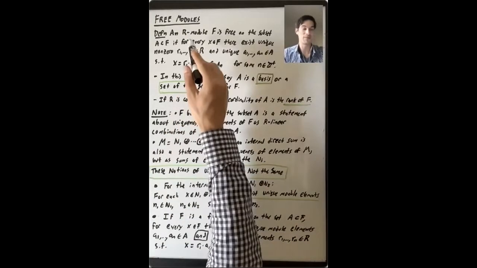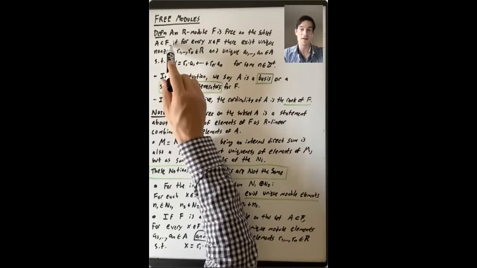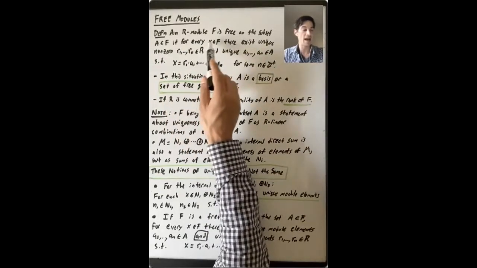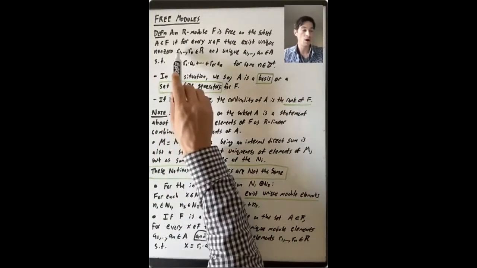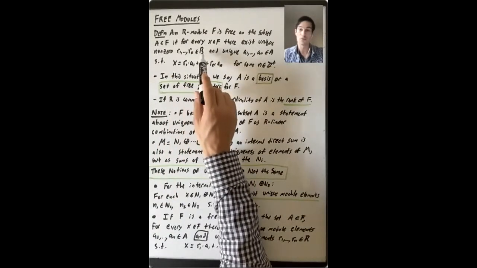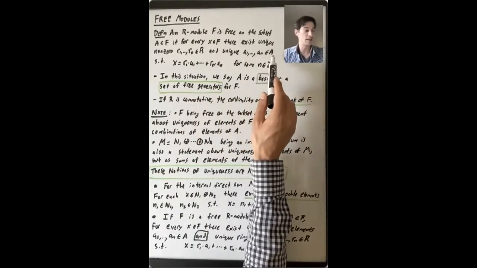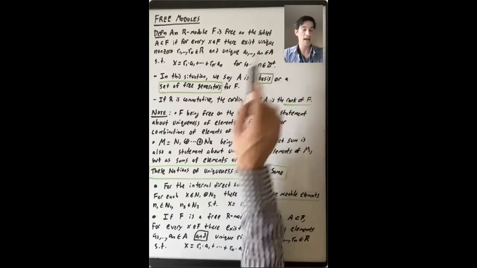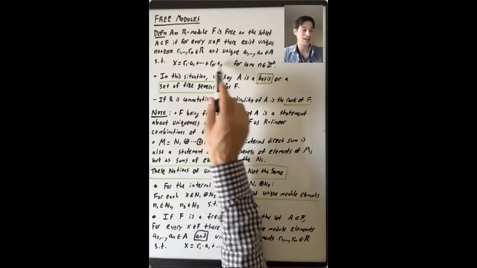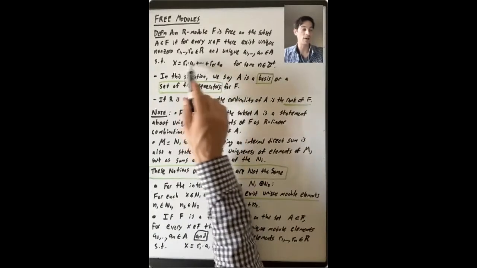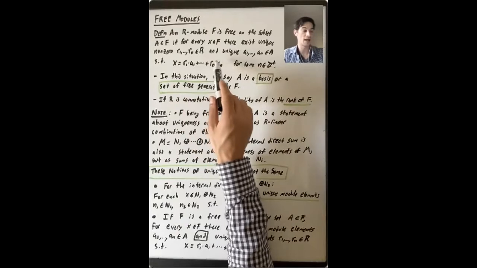Here's the definition from Dummit and Foote. An R module F is free on the subset A of F if for every element x in your module, there exist unique nonzero r1 up through rn in your ring and unique elements a1 up through an in this subset A, such that x is an R linear combination of a1 up through an with these chosen coefficients, that is, x equals r1 a1 plus ... plus rn an.